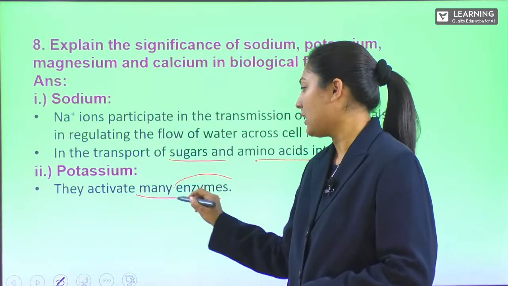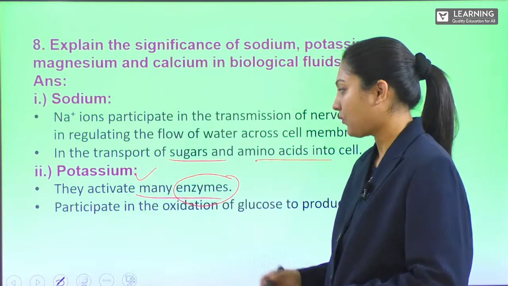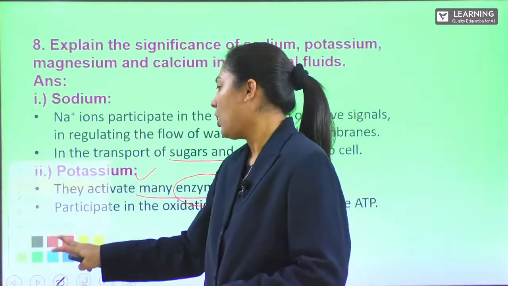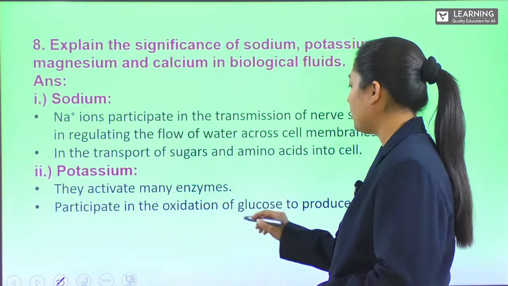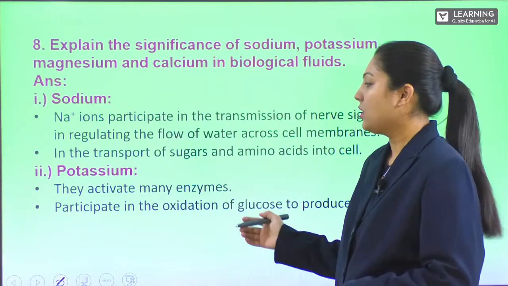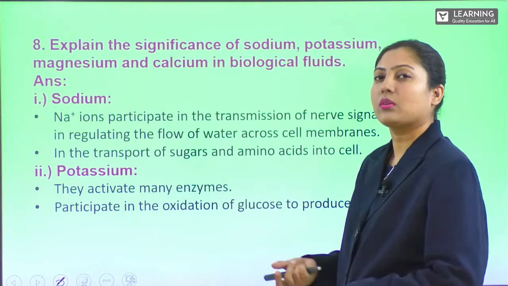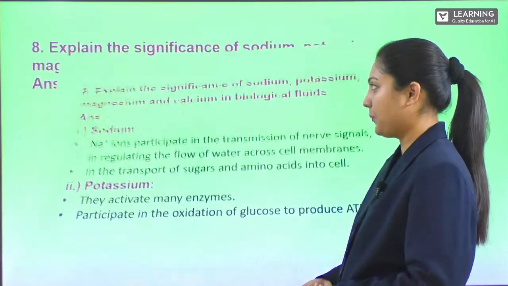We use this potassium for enzymes. They also participate in oxidation of glucose to produce ATP. The oxidation of glucose will take place in presence of potassium such that ATP will be produced easily.